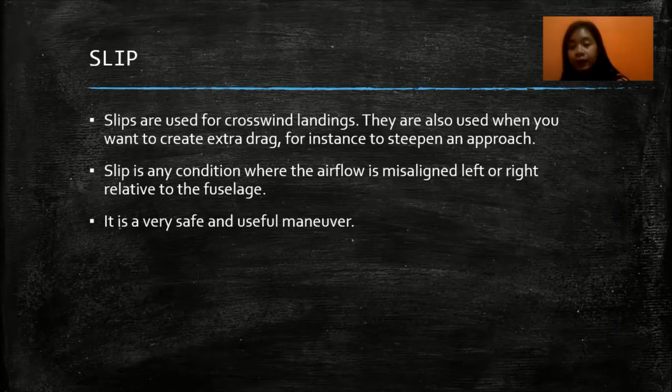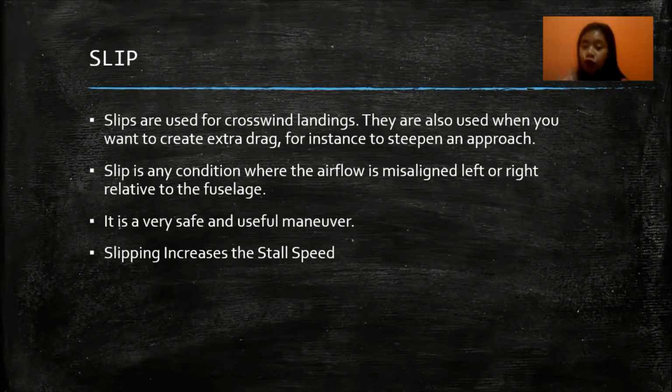It is something that every pilot should know how to do. So, slipping increases the stall speed, and when you're doing an engine out landing, for example, or you want to kill altitude as fast as you can, nang hindi ka nag-increase ng airspeed, very useful yung pag-slip.